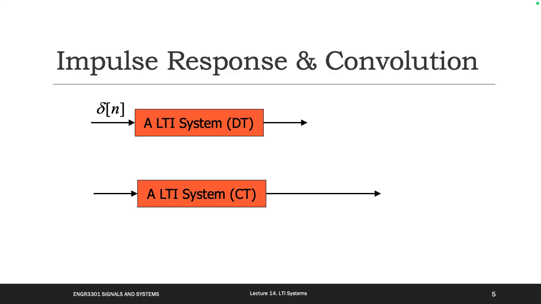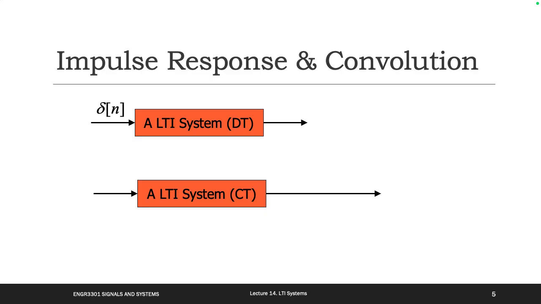Do you remember what it looks like? It's just this one. When n equals 0, it is 1. Otherwise, it will be 0. This is the DT unit impulse function.